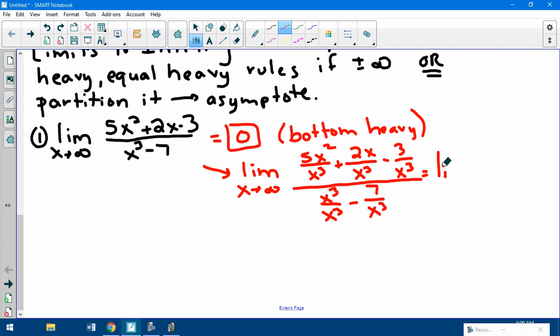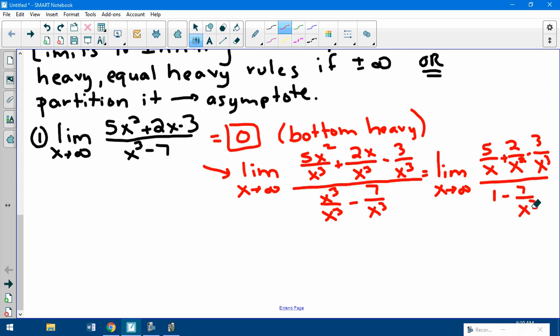And then we could reduce that to limit as x goes to infinity of 5 over x plus 2 over x squared minus 3 over x cubed over 1 minus 7 over x cubed. As x goes to infinity, a constant number over infinity goes to 0. So that's 0, that's 0, that's 0, and that's 0. So this whole thing ends up equaling 0 over 1, which is why it equals 0.